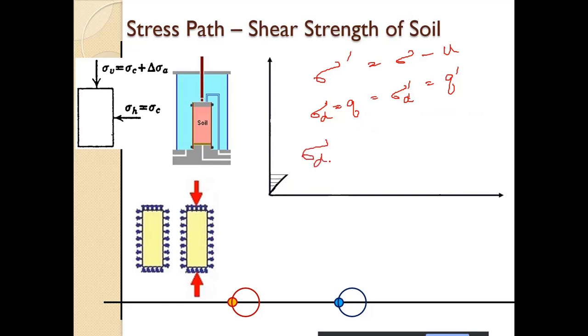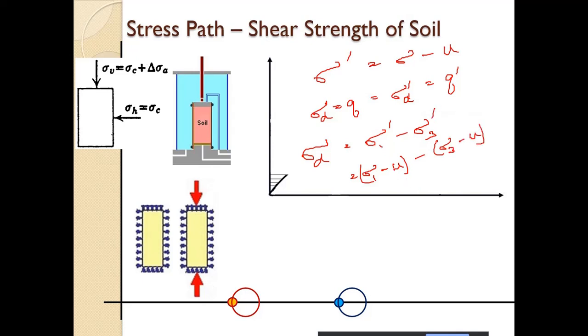So sigma D we know is equal to sigma 1 minus sigma 3. All right. So if we write it in terms of effective stress, so we have sigma 1 minus u, that is sigma 1 dash, minus sigma 3 minus u, sigma 3 dash.